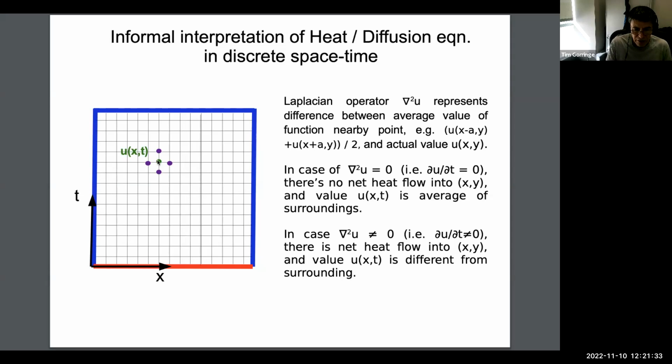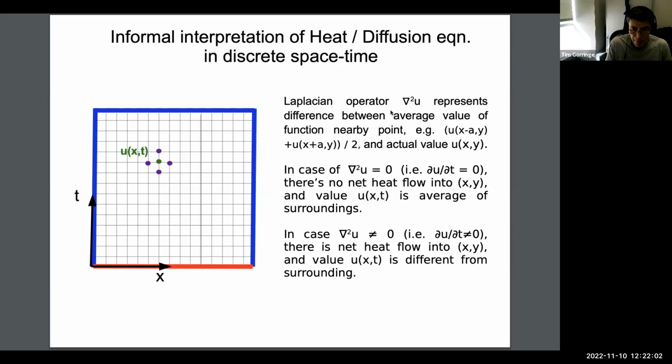I'm going to imagine this space-time point in green here, where the function u describes the temperature at this point. To the left and the right are at the same time two neighboring points, and upstairs and downstairs are the same location, but the temperature at an earlier time and a later time.